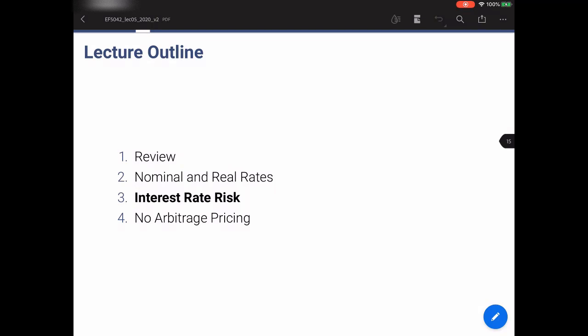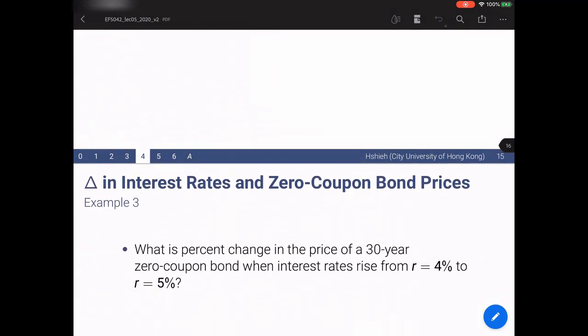And so in this lecture, we're going to talk about a specific source of risk, namely interest rate risk, and how changes in interest rates can have an impact on bond prices. Okay, so that's what we're going to do. We're going to try to come up with an expression for evaluating how bond prices change with respect to changes in the interest rates or the term structure. So we begin with an example.